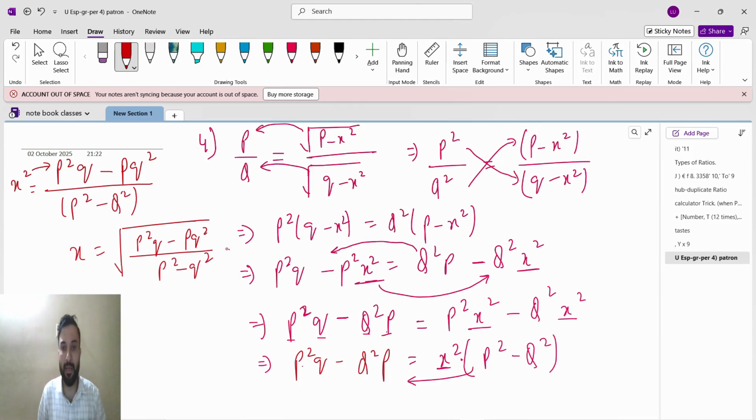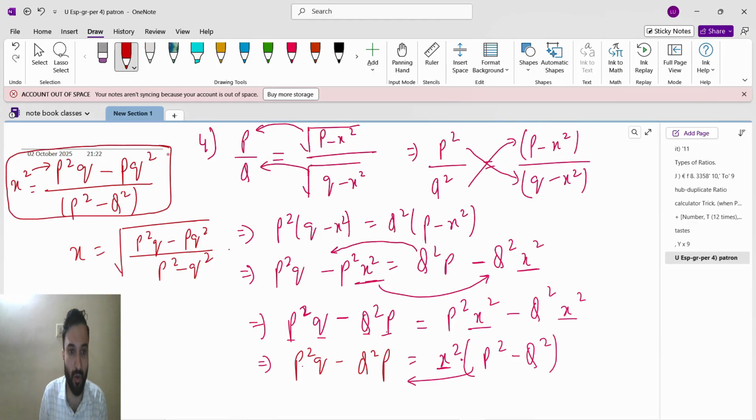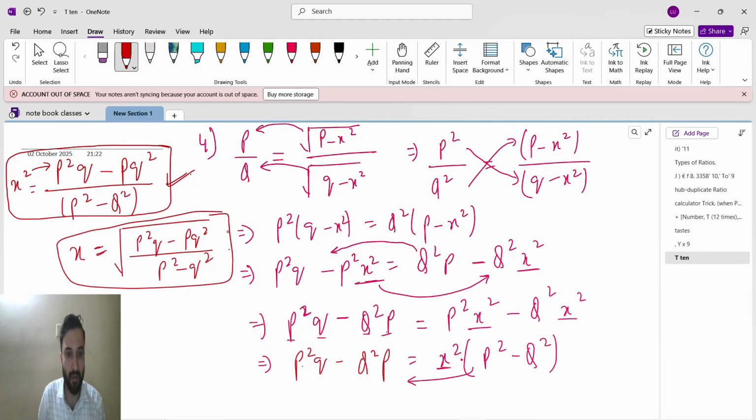That's it. Sometimes they will say to find x square or find which is the correct expression. At that time, if they ask for the correct expression for x square, we will keep it like this: x square is equal to P square Q minus PQ square by P square minus Q square. Sometimes they will say to find x. So guys, either we have to write like this or like this, everything depends upon the options.